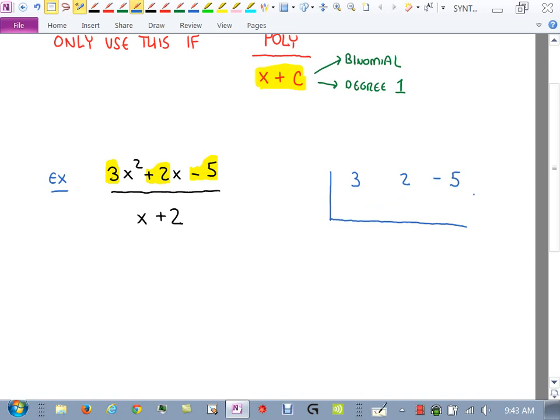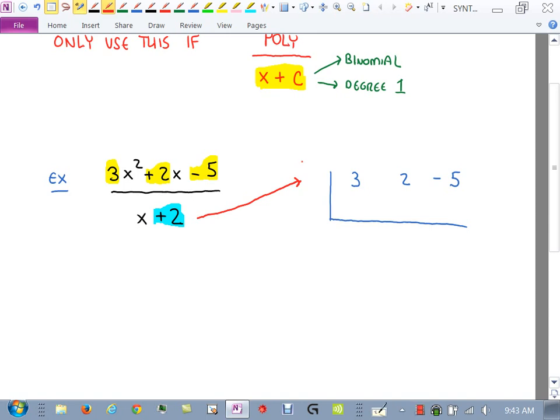Now, what we're going to do is look at the denominator and notice that next to the x, there's always going to be some number, because that's the only way we can do synthetic division, if there's a number sitting next to x. We're going to take that number and place it here, but, this is the big but, we are going to change its sign.